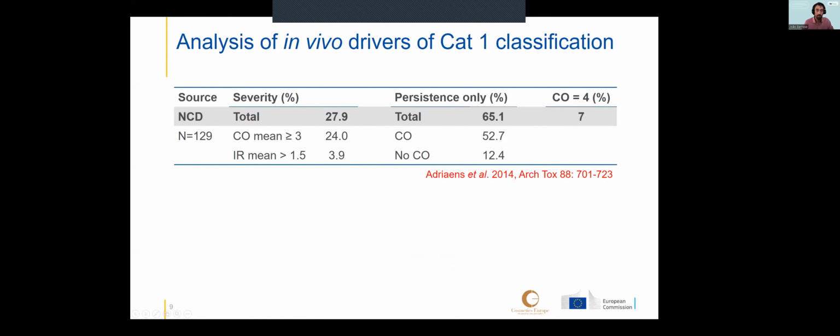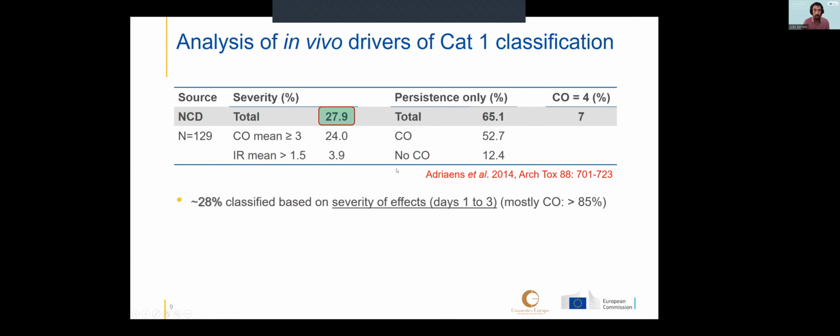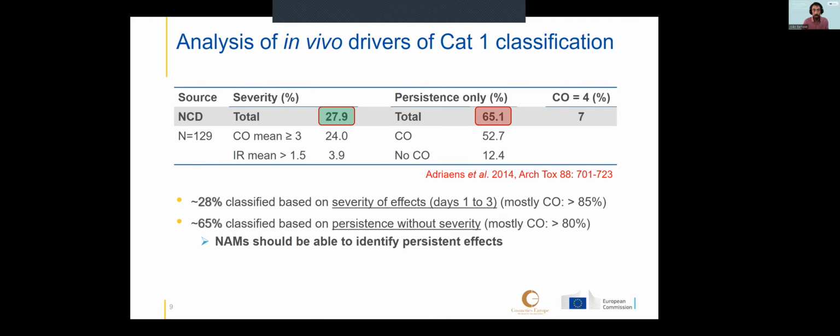An analysis of the in vivo drivers of category 1 classification in the new chemicals database shows that about 28% of the Cat 1 chemicals are classified based on severity of effects appearing on days 1 to 3. And most of these classifications are based on corneal opacity. A much larger proportion of the Cat 1 chemicals, about 65%, is classified based on persistence of effects without severity in the first 3 observation days.